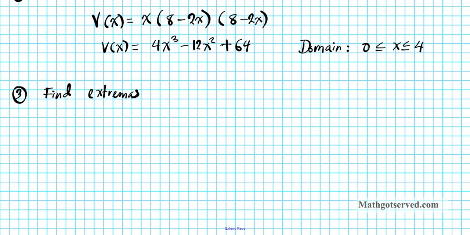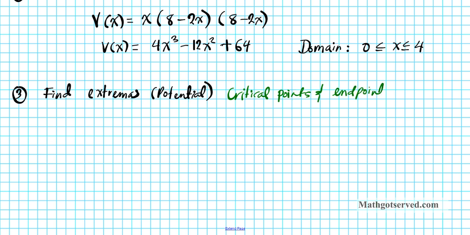All right, so basically we're going to be looking for the potential extremas, okay? And to find the potential extremas, we are going to be looking at the critical points and endpoints. Remember, those are our potential extremas.